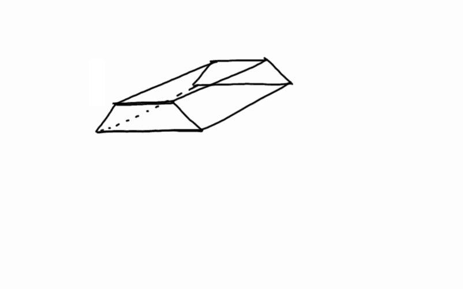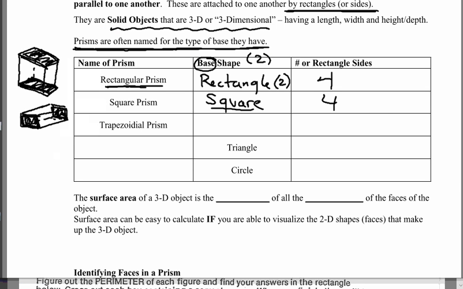And there's a trapezoidal prism. Trapezoids for bases because there's two of them that are across from each other, parallel and identical. So it's a trapezoidal prism, two trapezoids, and because there's four sides going around, we would need four rectangles to go around. So our base shape is the trapezoid, and we have four rectangles for sides.